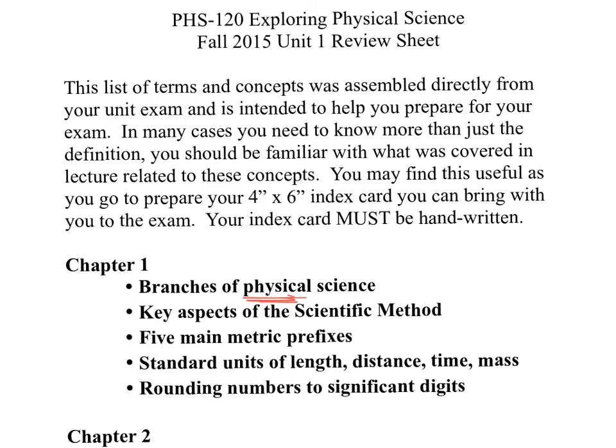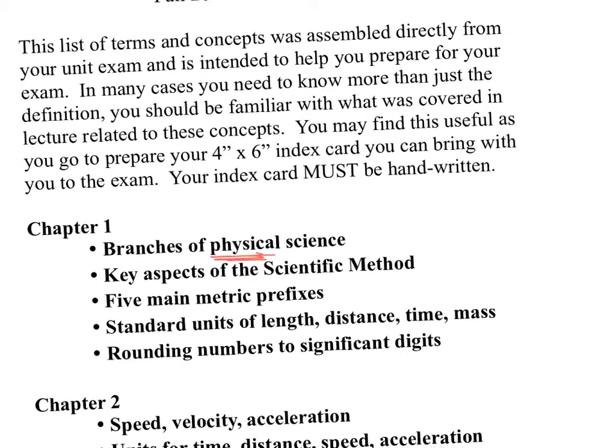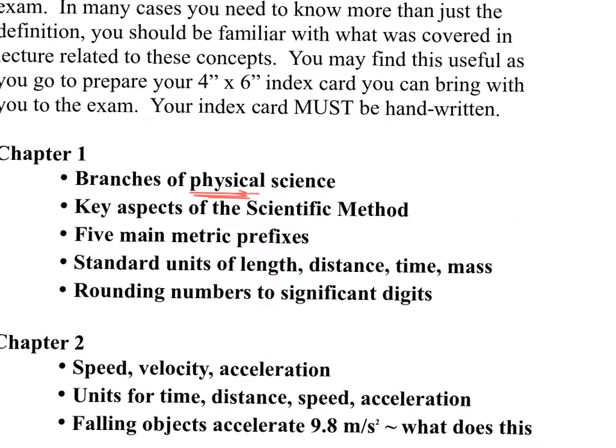Key aspects of the scientific method. I would emphasize there, remember, first you have observations, right? And then based upon your observations, you come up with some sort of hypothesis. That's like your best guess.